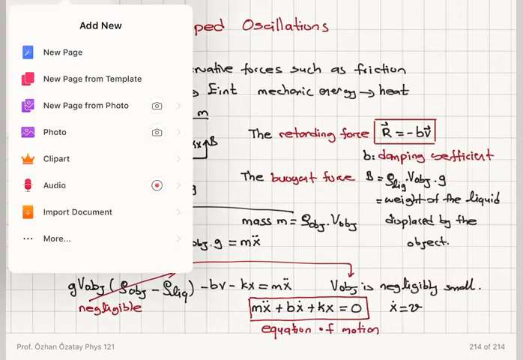Okay, so let's take this equation of motion: m x double dot plus b x dot plus kx is equal to 0.